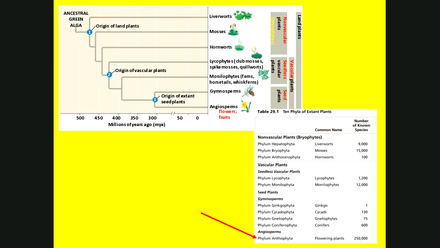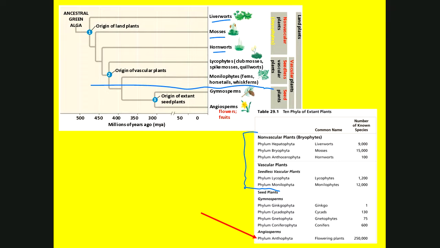What I want to do today is start talking about some of the plants. Today we're going to discuss these two groups of plants: the non-vascular bryophytes, and then we'll work our way down to the vascular plants. We'll get to the seeded plants, which is the subject of the next chapter. So we're going to talk about liverworts, mosses, hornworts, all the way down to about right here, the ferns and everything.